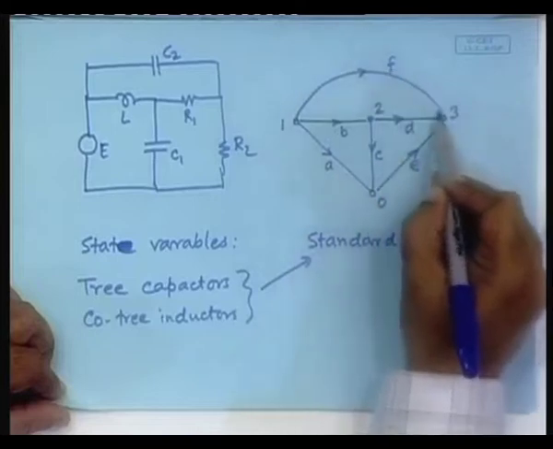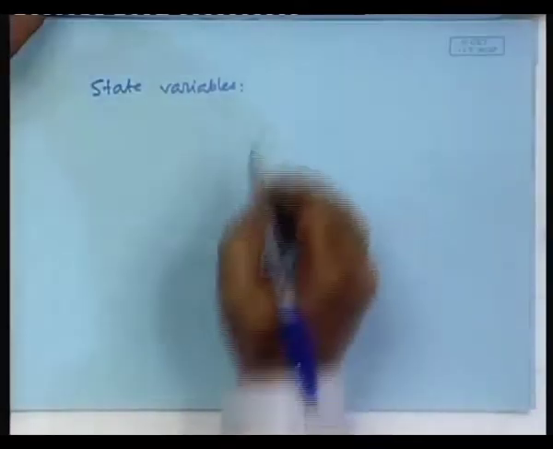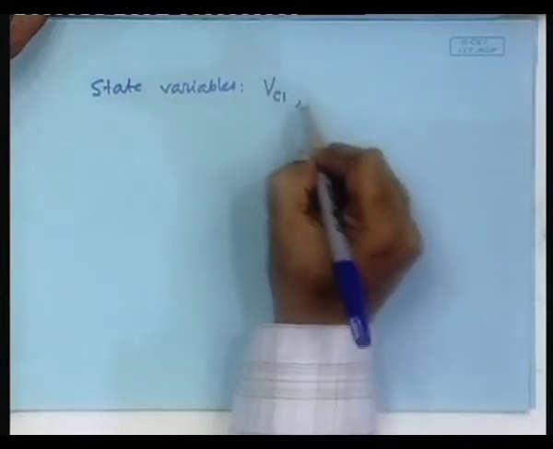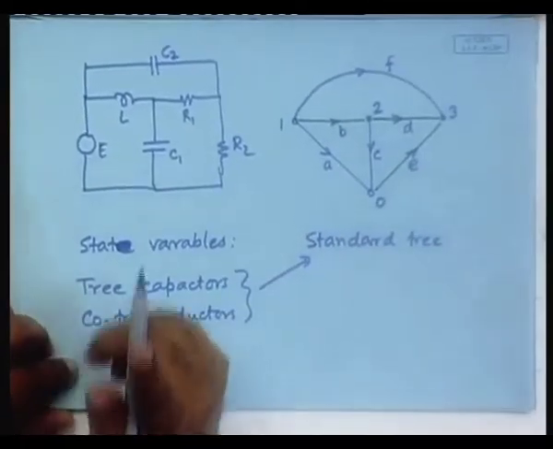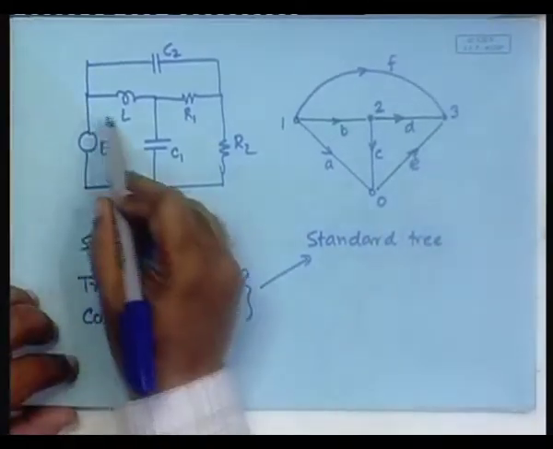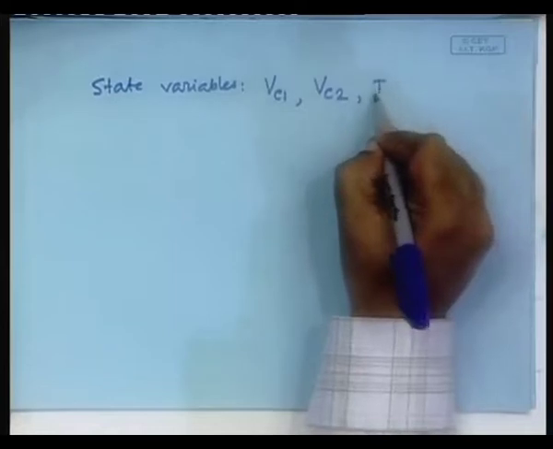This is also a part of the standard tree. So, VC2 is another state variable, VC1 and VC2. Okay. And the inductor current, that is part of the co-tree. So, inductor, that is part of the co-tree, it is IL.